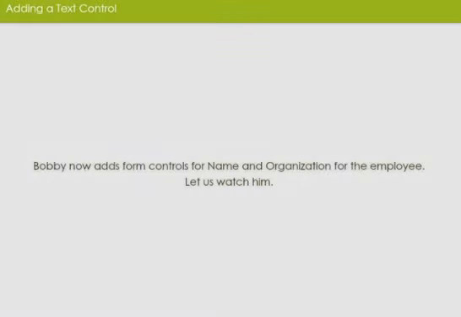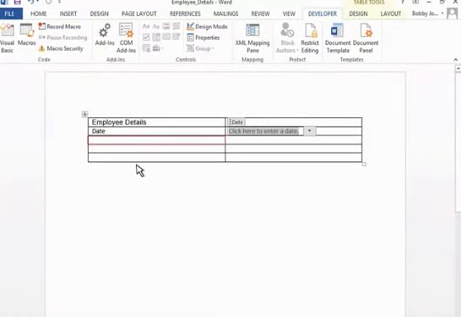Bobby now adds form controls for name and organization for the employees. Let us watch him. Click in the third and fourth left columns and type name and organization respectively. Now, click in the adjoining right column to add the text control. Click plain text content control icon from the controls group.